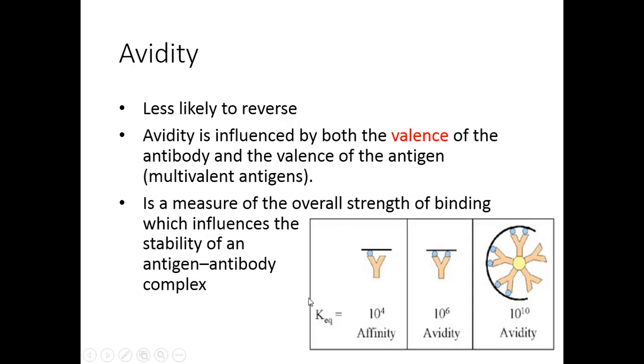Now imagine you have 5 pairs of hands, 10 hands, and they're all binding to antigen binding sites. That increases the strength of your bonds and your ability to maintain that bond very strongly. So the more binding power we have because of valency, the higher our avidity.